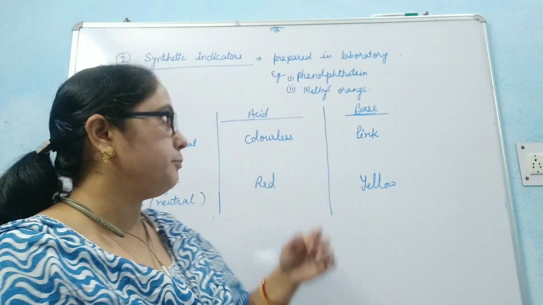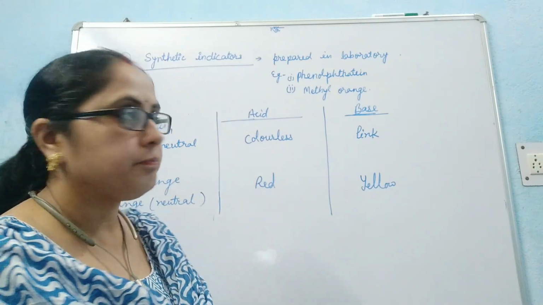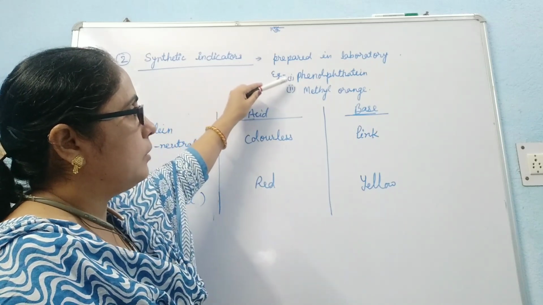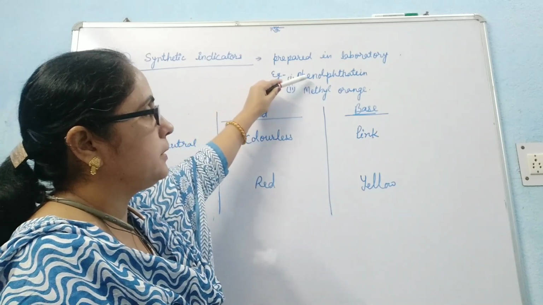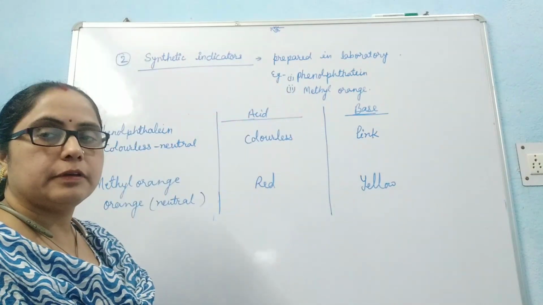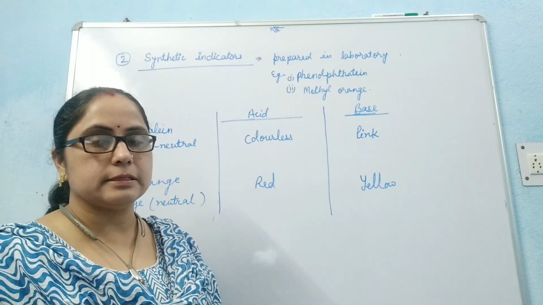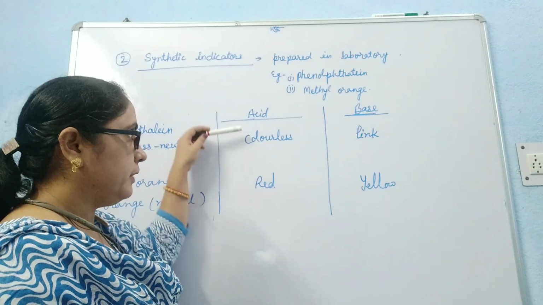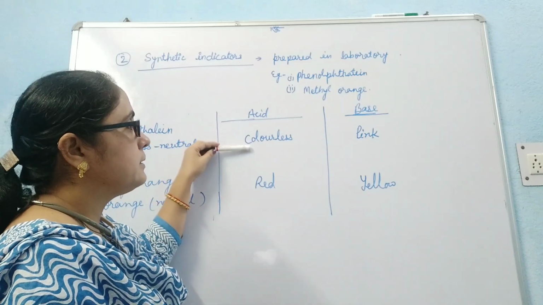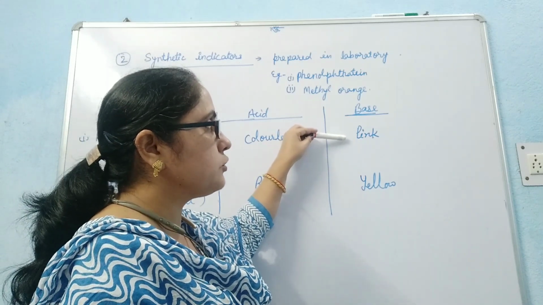Synthetic indicators are prepared in the laboratory with the help of chemicals. Very common examples are phenolphthalein and methyl orange. Phenolphthalein in neutral solution is colorless, and if put in an acid solution, it remains colorless, but it turns pink in a basic solution.